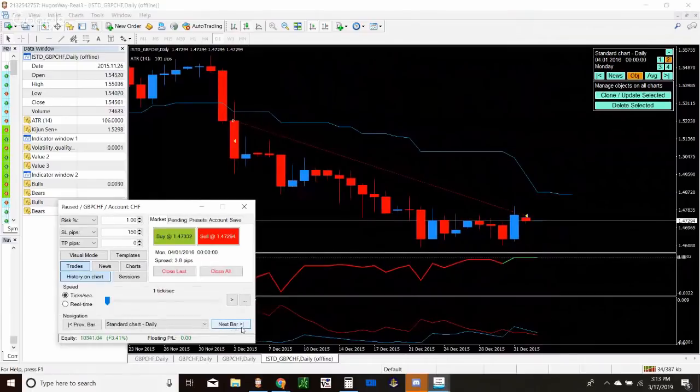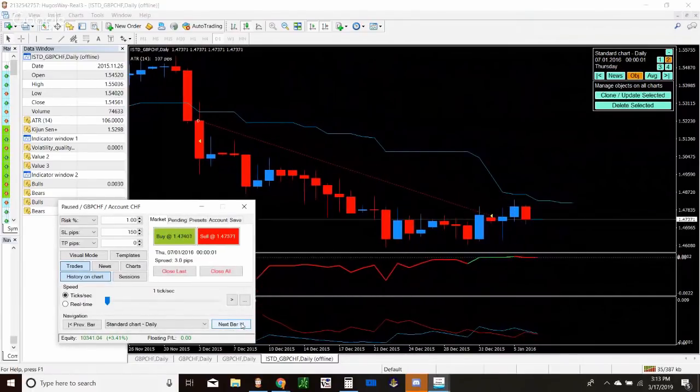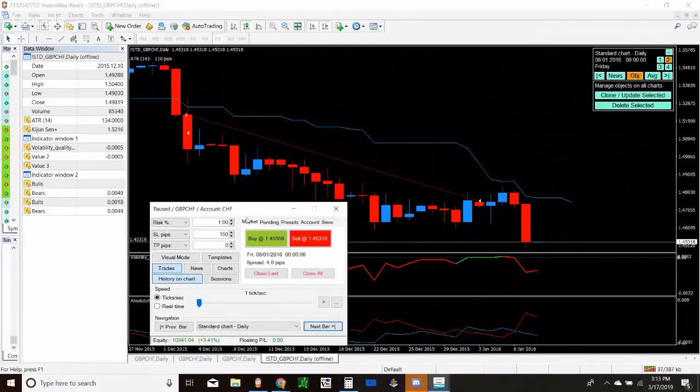All right, back to where we were. Okay, so still under that Kijun Sen, so we will see if we get another short. Yep, got a short signal right there. So we will go ahead and short it again.